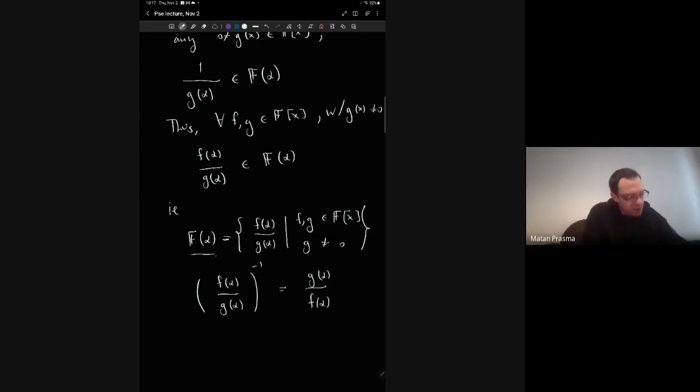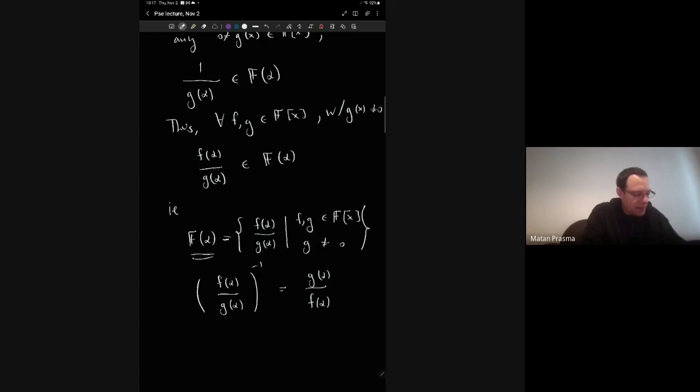Yeah, I mean that big F of alpha equals small f of alpha over g of alpha just because it is our choice. So big F of alpha, this one, is the set of all quotients of the form f of alpha over g of alpha.